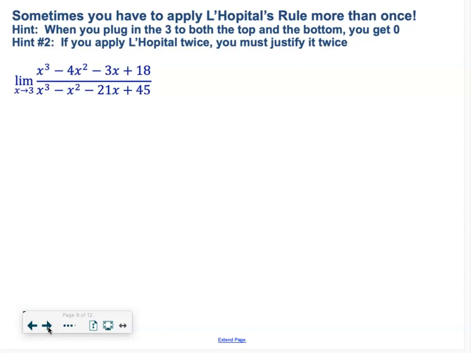So for this one, if you copy down the problem, I have a hint for you: if you plug a 3 into the top, you get 0, and if you plug a 3 into the bottom, you get 0. So you don't have to work it out on the calculator, because I'm just telling you it's 0 over 0. So take a minute, justify this, and then L'Hopital it, and see what happens.